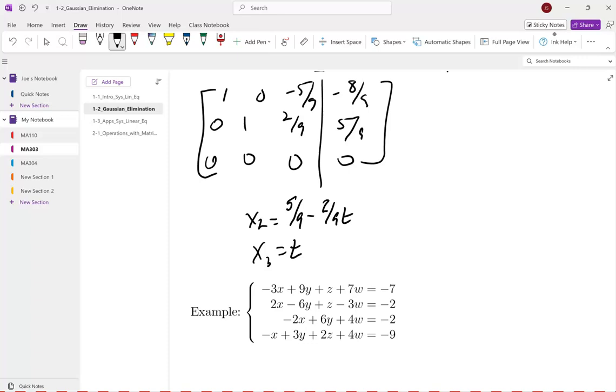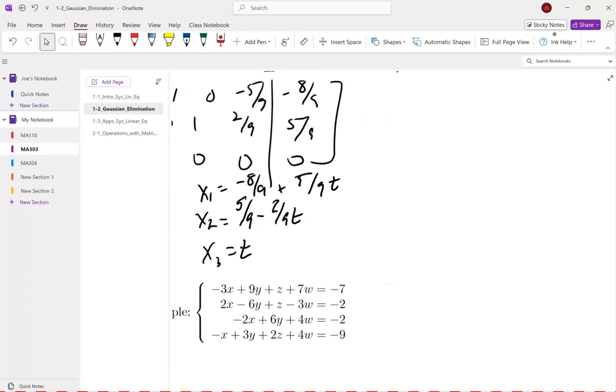This sign doesn't flip because it's already on the other side of the equal sign, right? But we're subtracting over, so the sign changes. So what do you get for x1 then? Are we okay with that for the solution? Does it make sense where we're getting those?